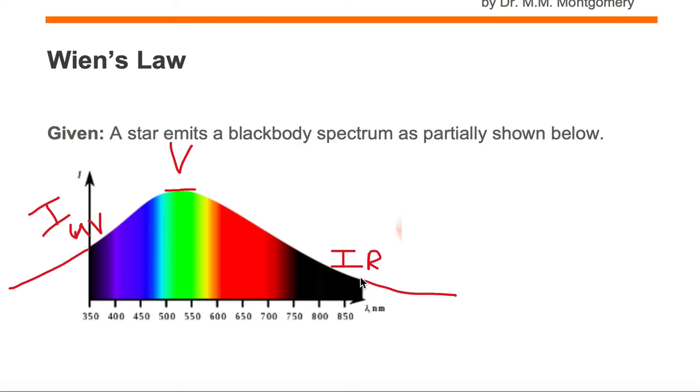Notice that the ends continue on both sides, the left and the right, and we're only given a partial center of the spectrum. We're given a little bit of the UV band, all of the V band, and a little bit of the infrared band. But clearly the graph goes on to the right and on to the left. We're only given a portion of the black body spectrum that's being emitted by this star.